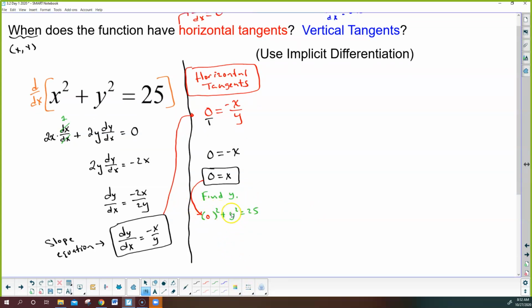Here you get 0 squared. If y squared equals 25, then I'm going to take the square root, and I'm going to get 2 answers. I'm going to get a plus and a minus. So now I have (0, 5) and (0, negative 5).